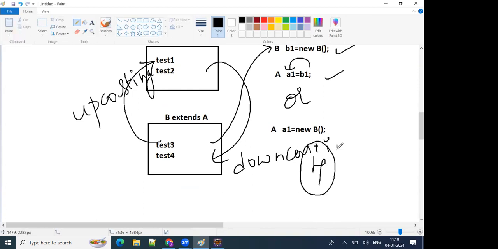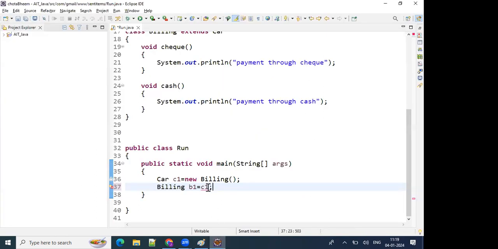For downcasting, conversion is mandatory. You need to convert. That means if you want to store C1 to B1, you need to convert that into billing type. Else it will throw an error. For upcasting, conversion is not required. For downcasting, conversion is required.